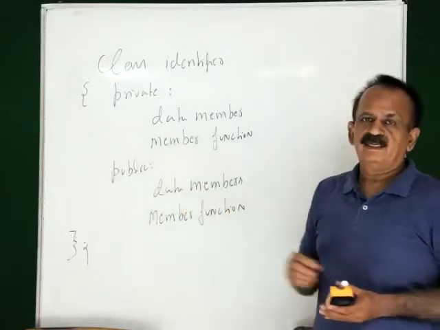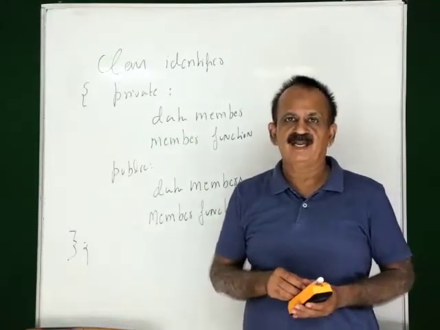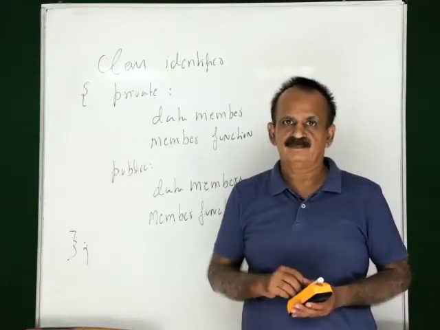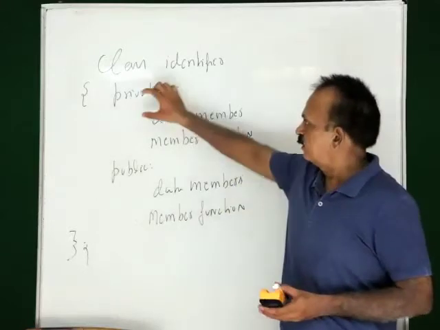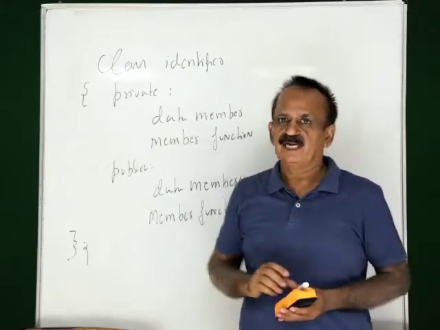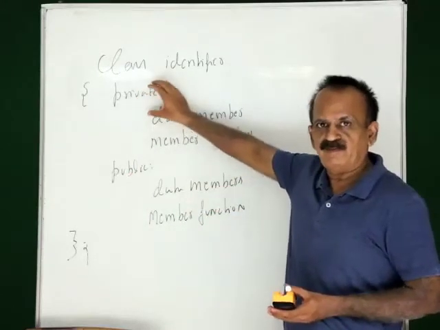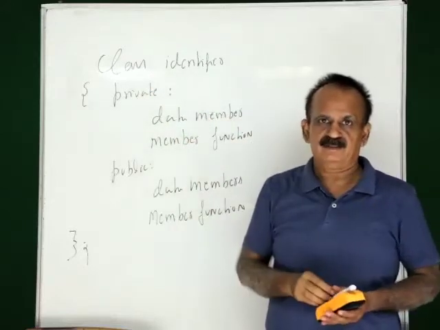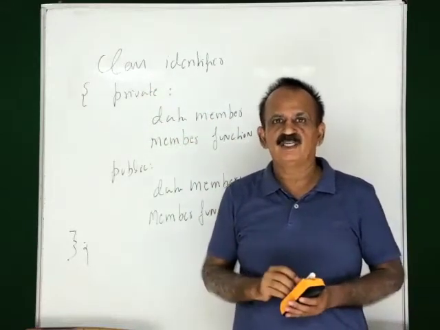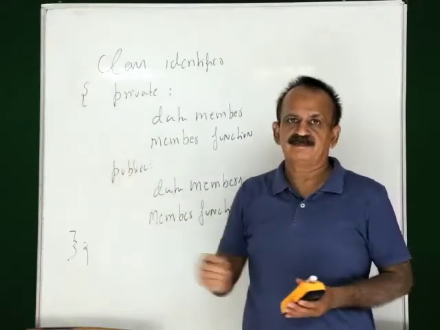Public members are those which can be used within the class as well as outside the class. The sequence of private and public can even be interchanged. That means we can declare public first and then the private members. However, conventionally we use the private first and then the public members.